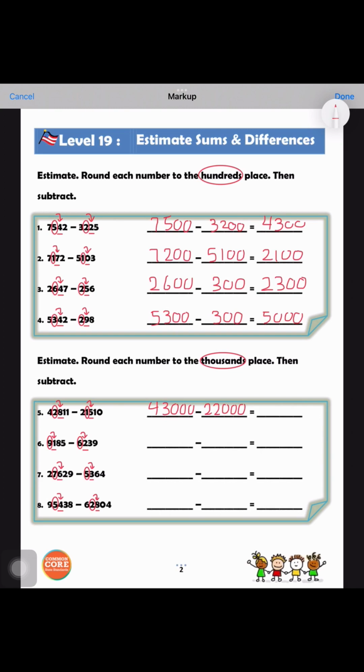And the answer is 21 thousand. Question 6. 9,185 should be rounded to 9,000, and 6,239 should be rounded to 6,000, and 9,000 minus 6,000 equals 3,000.